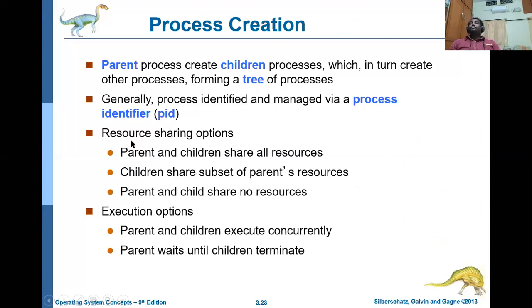And what about the resources? When a parent process is executing, the child process will share all the resources of the parent. What do you mean by resource here? I've explained many times what a resource is. What are the resources of WhatsApp?